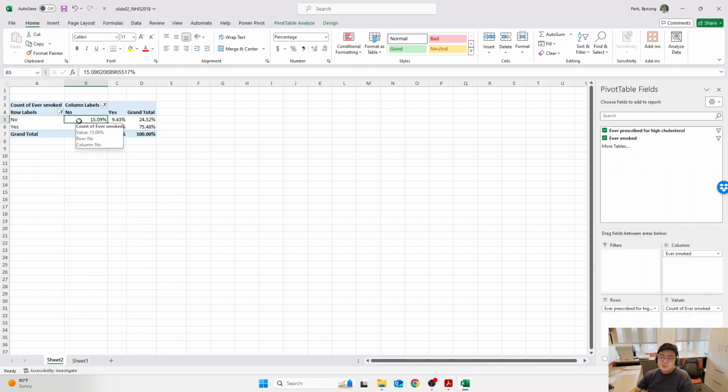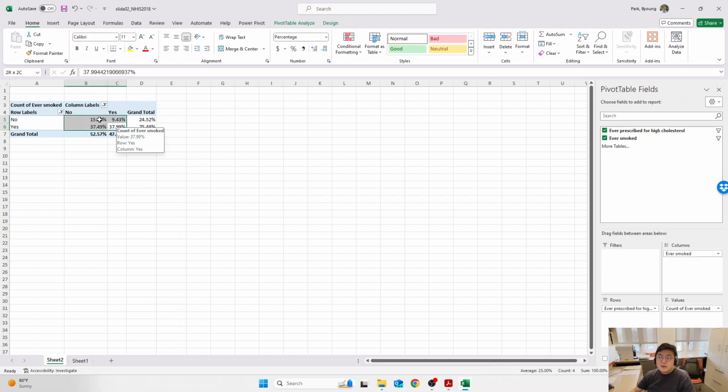Never smoked and no high cholesterol, smoked before but no high cholesterol, never smoked but has a high cholesterol, and smoked before and has a high cholesterol. So there are 4 different types of people, and we obtain probability for each of them. And if you add these 4 numbers, it should be 100%.